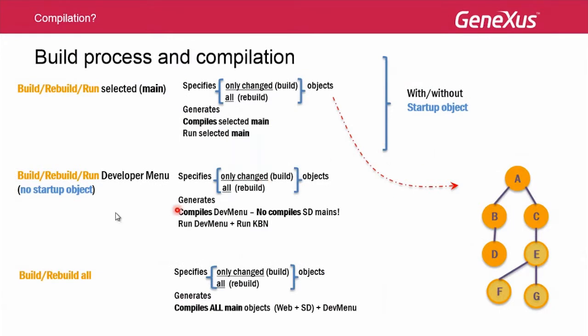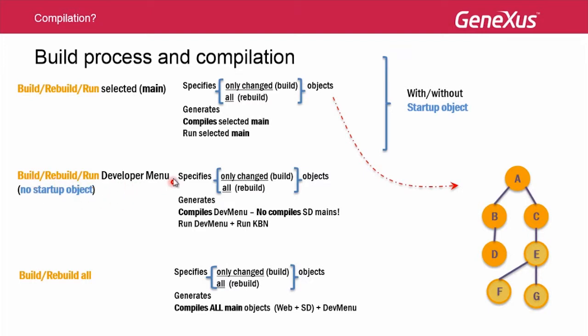We should remember that when there is no startup object, F5 is run in the developer menu. And when there is a startup object, it will be the run of that object.